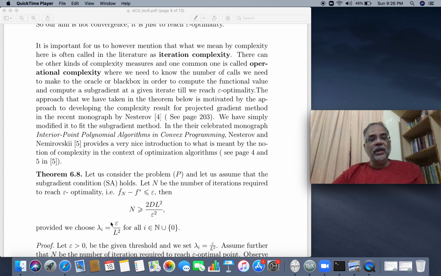Now, you might say that you have chosen a constant step size, but for convergence you cannot have a constant step size. I agree. I have chosen it because I am not bothered about convergence at this moment. I am simply bothered about epsilon optimality.